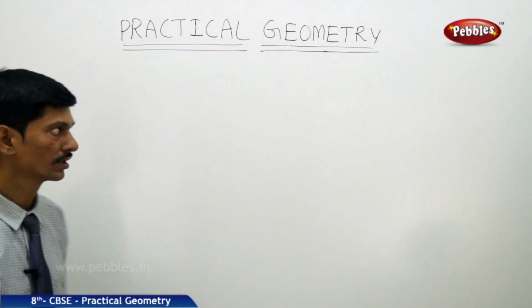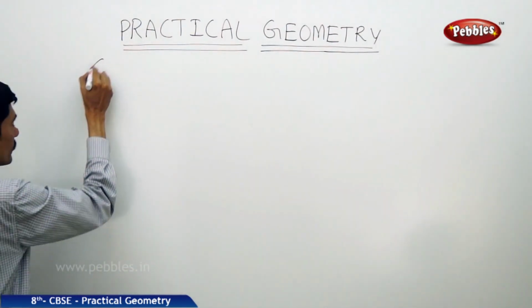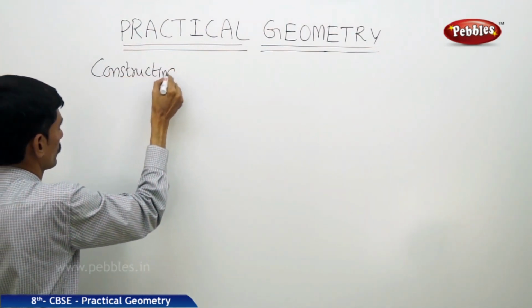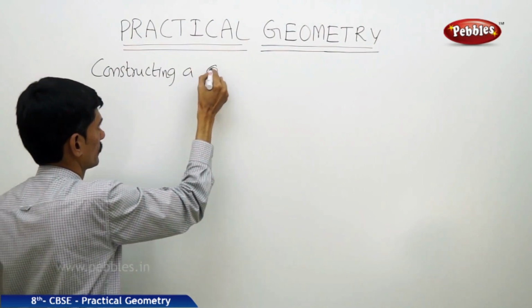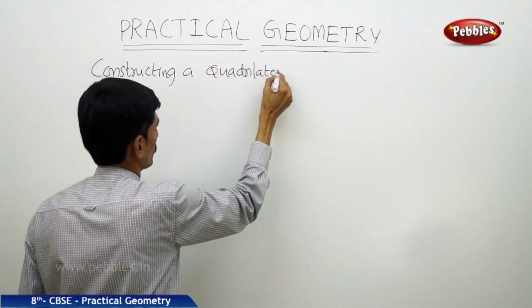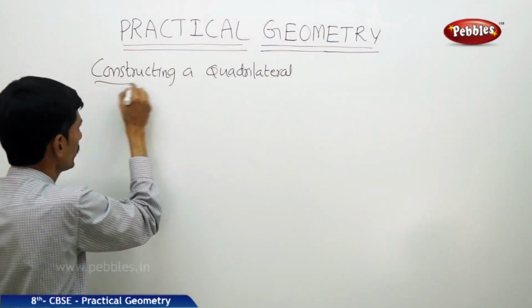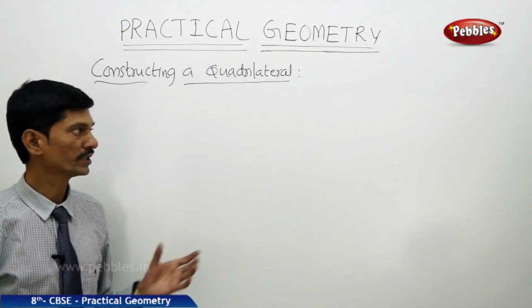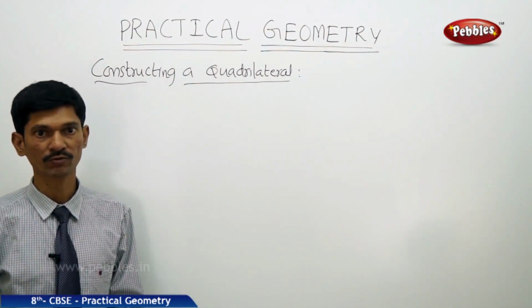Now let us discuss constructing a quadrilateral. You already know that 5 minimum measurements are required to construct a quadrilateral.